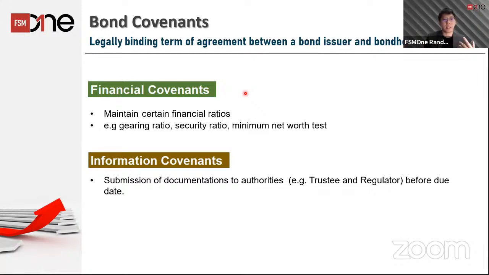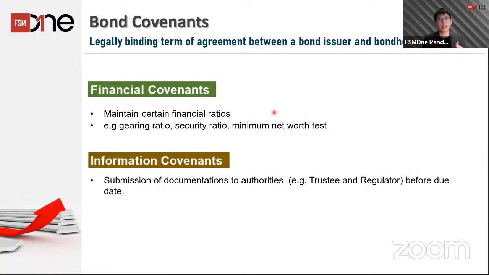Okay, and the security ratio can be one of the ratios to be shown there, which is the value of the security over the bond issuance size. In this case, the higher the security ratio, the better, because it is safer. And the third one, the minimum net worth test, just means how much extra the assets have over the liabilities.